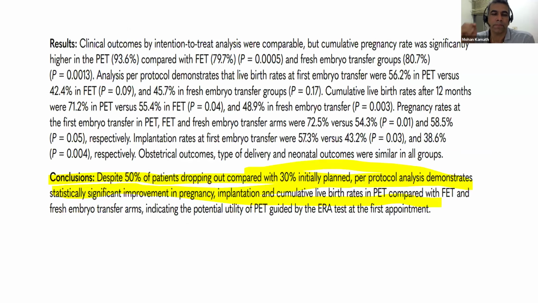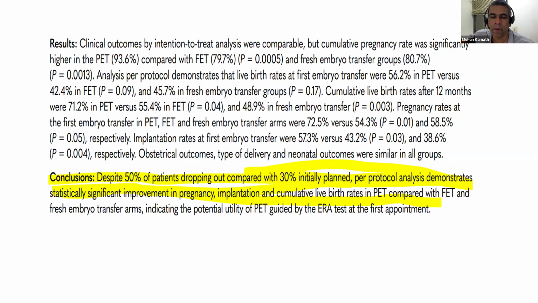And that's what happened. And surprisingly, the authors go on in the abstract, and their main focus is per protocol analysis. I don't want to read out the whole abstract, but it's available online free. It's an open access article. And you can see that they had a dramatic 50% dropout even before the trial launched.